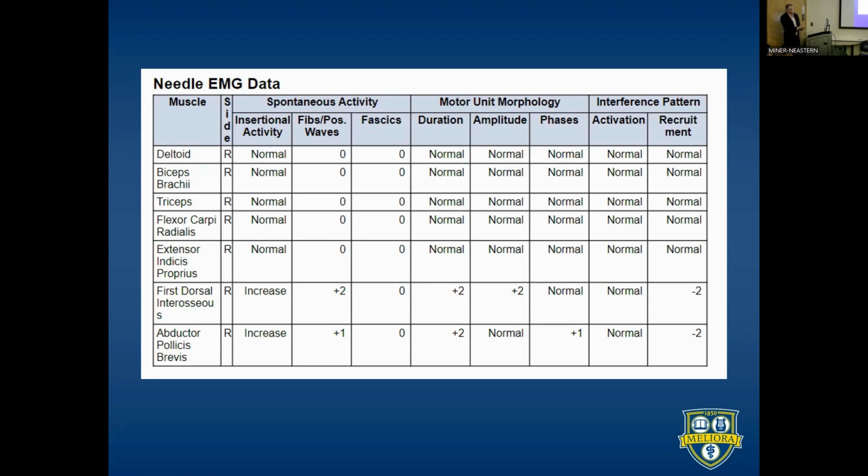So duration means that it's been chronic, and the amplitude depends on how chronic it's been. At first, the amplitude will drop when you lose a nerve, and then the amplitude will climb back up as you recruit nearby nerves. So that's how we use this. Spontaneous activity tells you if it's acute. Motor unit morphology tells you it's chronic and how bad.